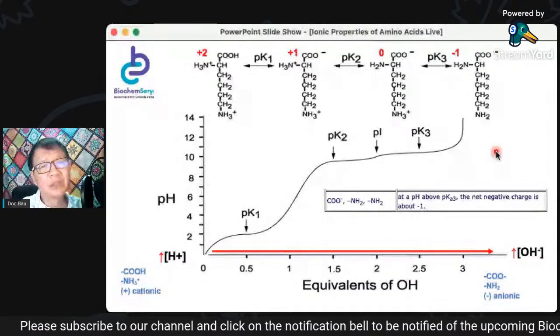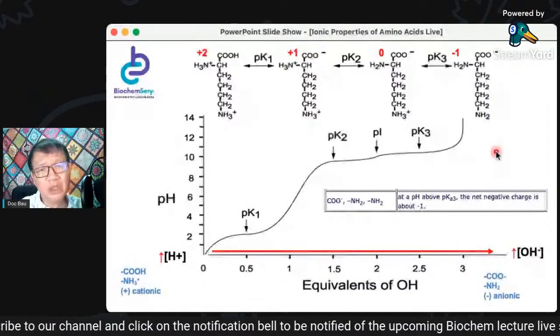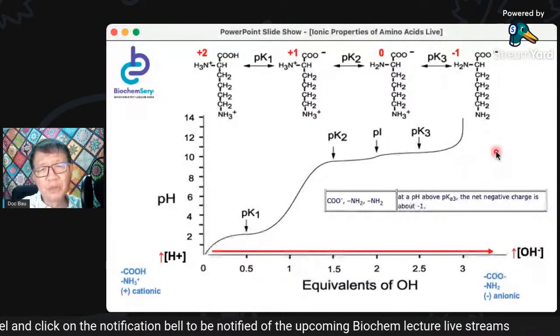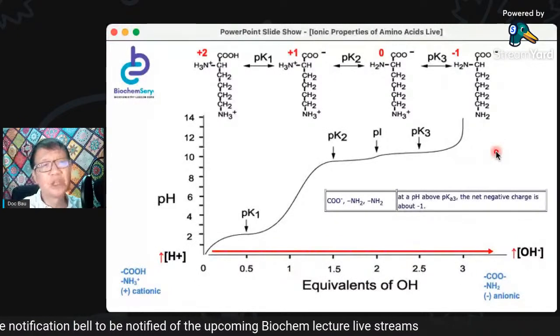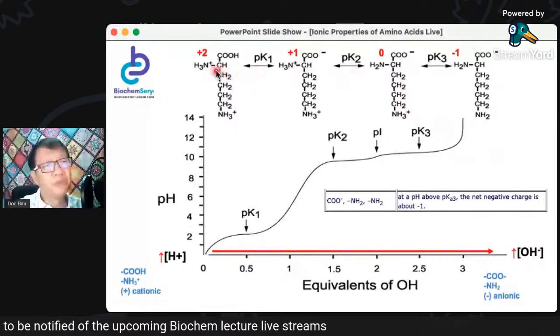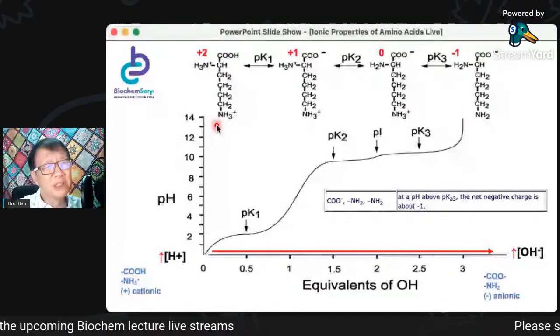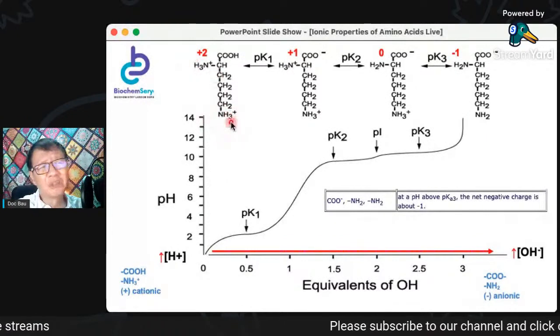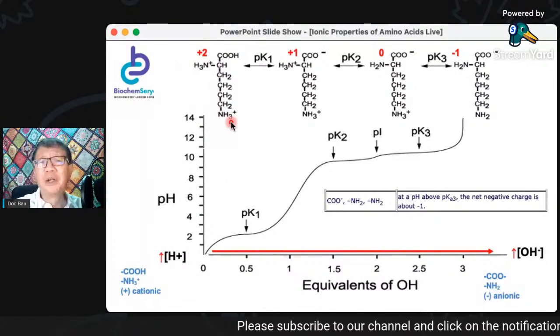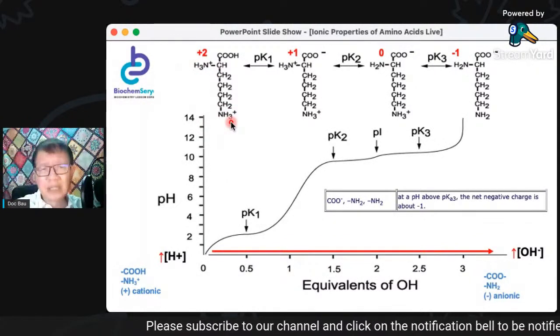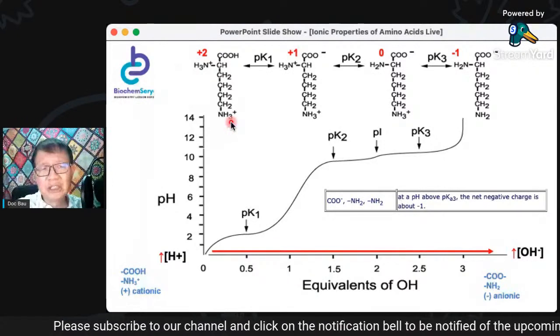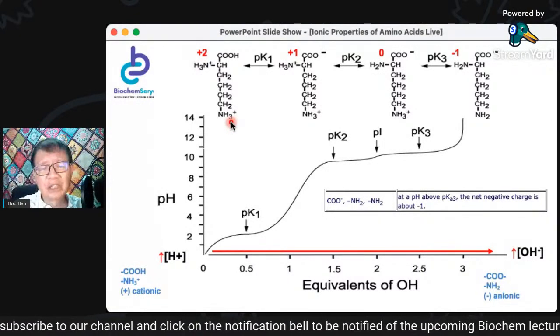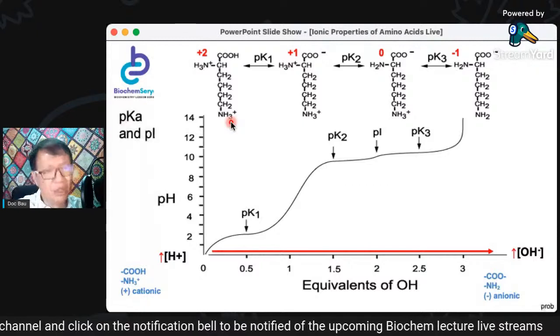They can have a potential charge of -2. But if you're asked which of the following can have a potential charge of +2, think of lysine, because of your two amino groups that can be protonated, and each can carry a charge of +1. Your three basic amino acids, histidine, arginine, and lysine, can potentially have a charge of +2.